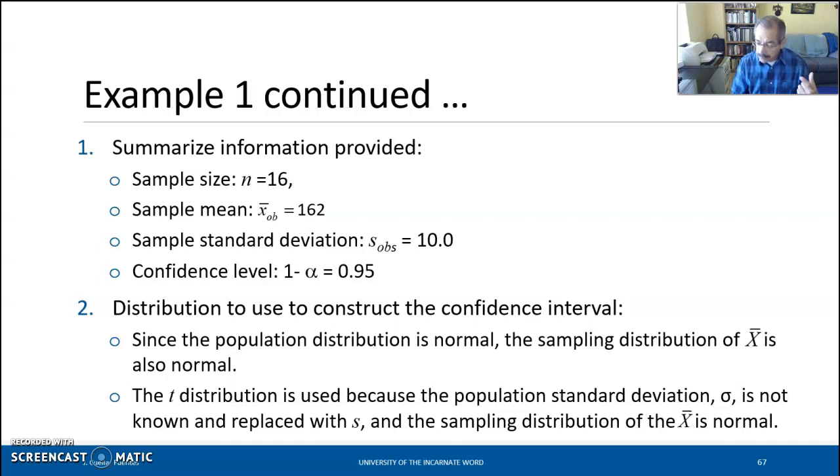Now, for us to use the t-distribution, we need the sampling distribution of the mean to be normal, but also we need to use the sample standard deviation, and we're going to do that because the population standard deviation is unknown. So yes, we can use the t-distribution.